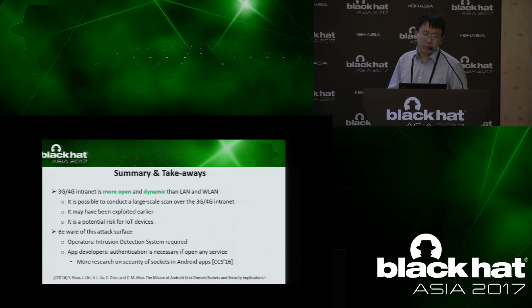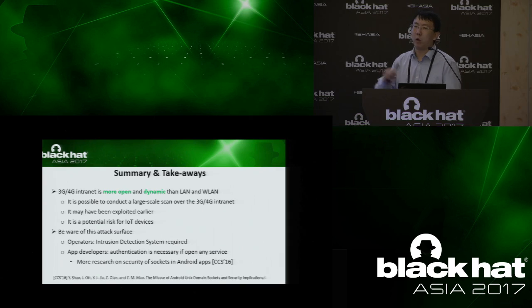So it is possible to conduct large scale scanning. For us, we just use some small devices, and we do not do it in a distributed, multi-threading way, so it's possible to do that. This definitely is a network surface we need to pay attention to.